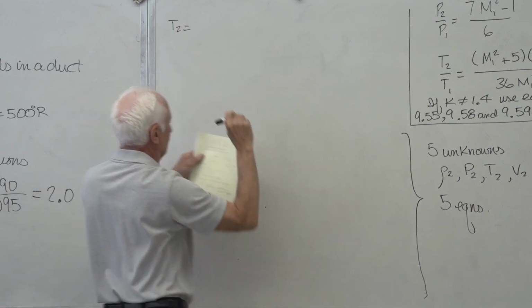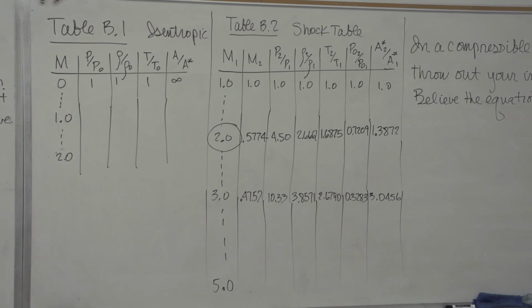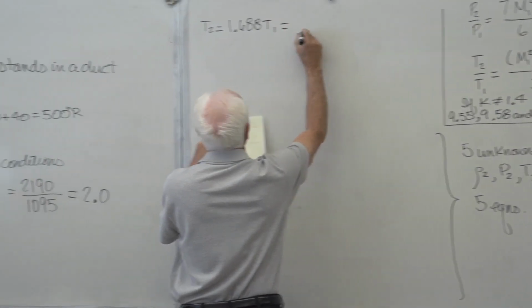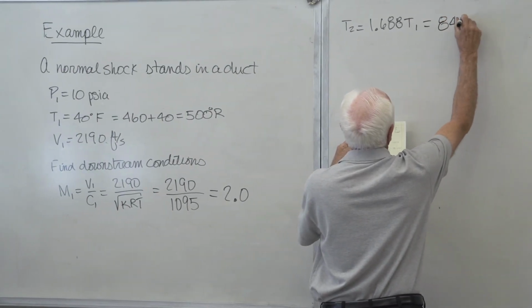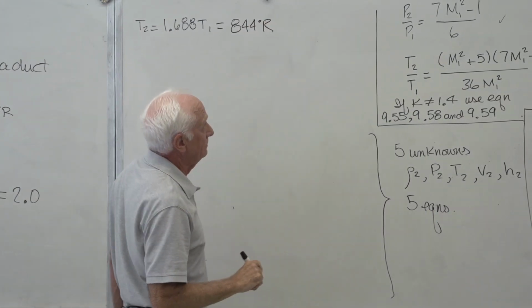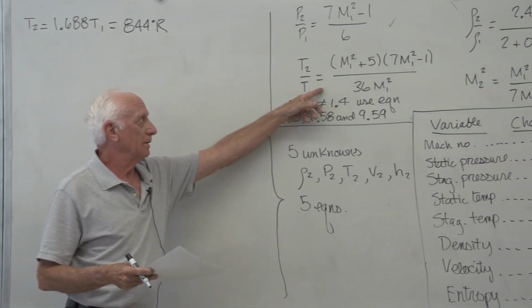T2 is equal to, over there, static temperature, 1.688, round off, times T1, 500, so 844 degrees R. Or if you'd rather, use the equation right here, plug them in, get T2.